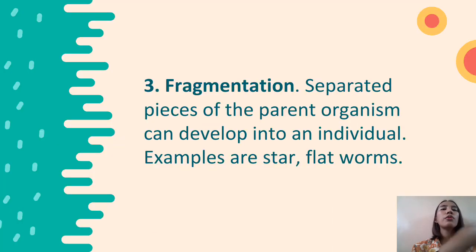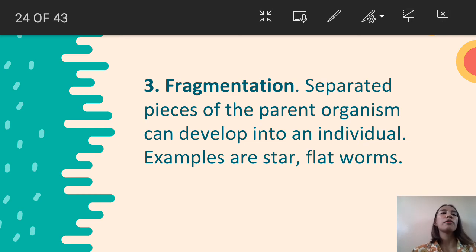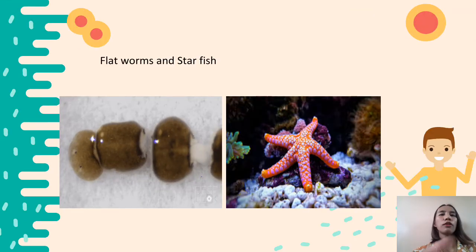Yes. Another one is fragmentation. Fragmentation, the separated pieces of the parent organism can develop into an individual. Examples of this are starfish and flatworms. So this is the starfish, flatworms, starfish.